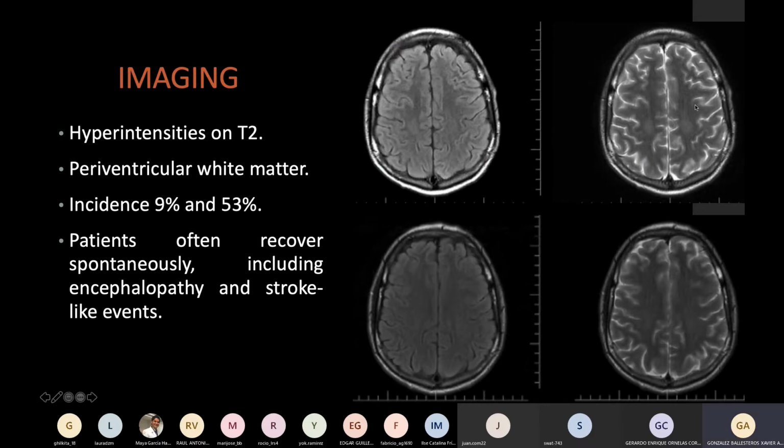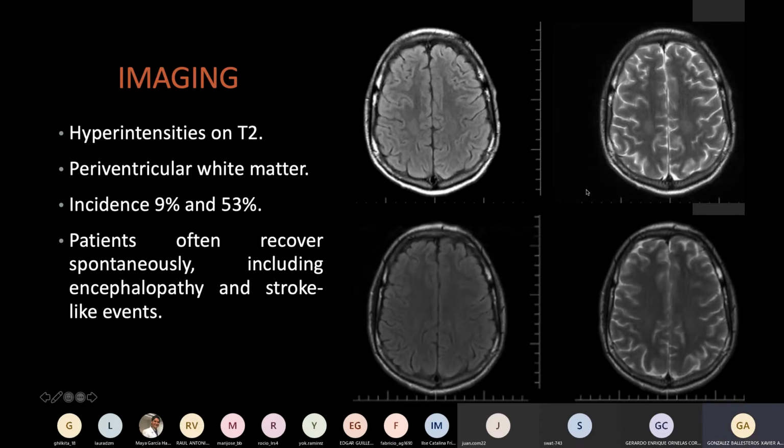These hyperintensities are typically located in the periventricular white matter, and particularly in the centrum semiovale. For patients with acute lymphocytic leukemia, the incidence is between 9 and 53%, and despite white matter change on MRI, patients often recover spontaneously, including from the encephalopathy and stroke-like events.